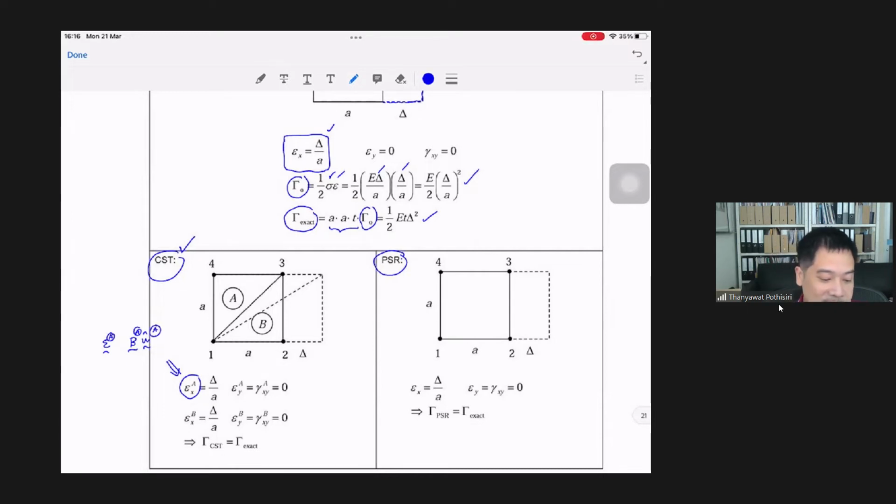Thank you, Mary. So how do you compute the B matrix of element A? You compute it based on the coordinates of each node, right? So if you have the coordinates of element A, then you can compute the B matrix for element A.